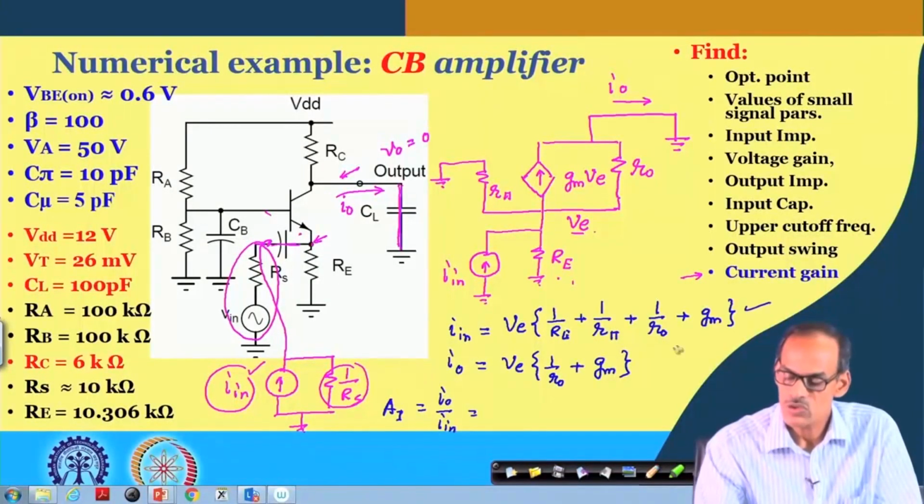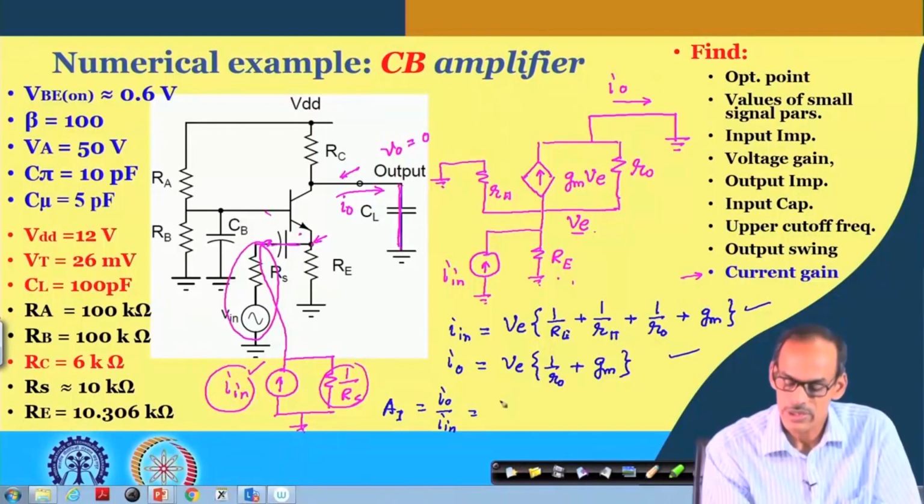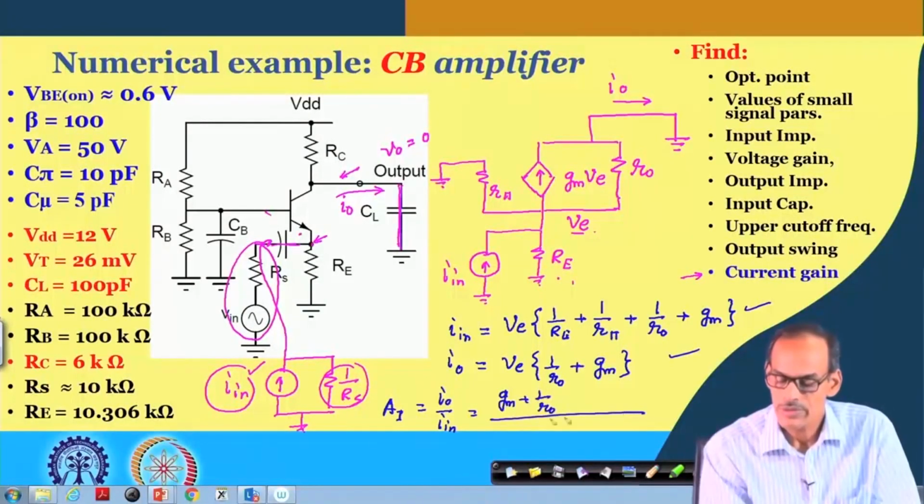If I consider these two equations, what you are getting here is 1. So GM plus 1 by R O divided by, in the denominator, GM plus 1 by R O plus 1 by R pi, and then 1 by R E.